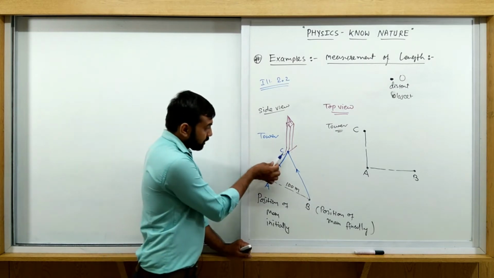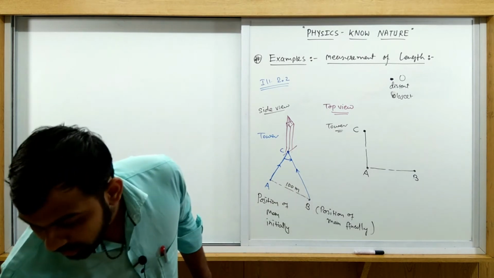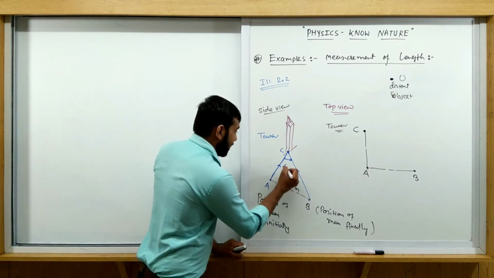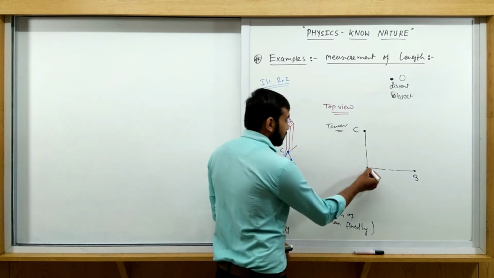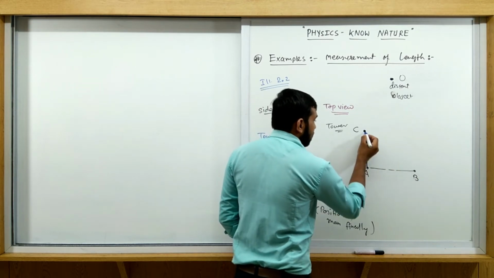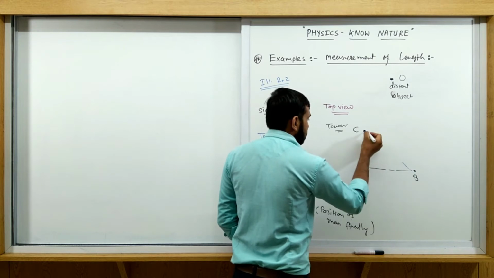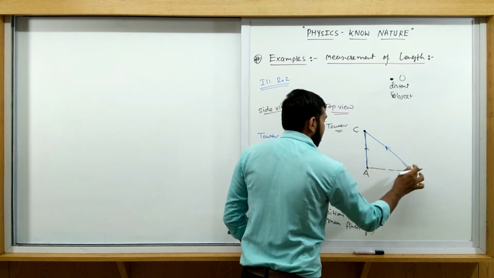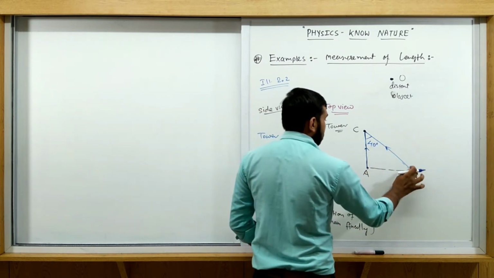So the initial line of sight to the final line of sight is shifted by an angle of 40 degrees. If you apply the same theory here, this is the line of sight initially, and this is the line of sight finally. How much is it shifted? 40 degrees.